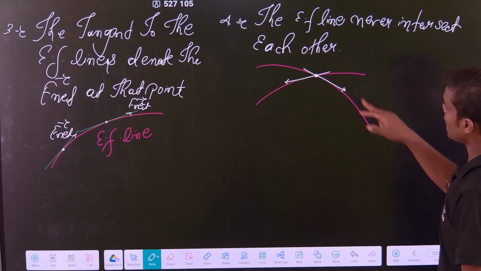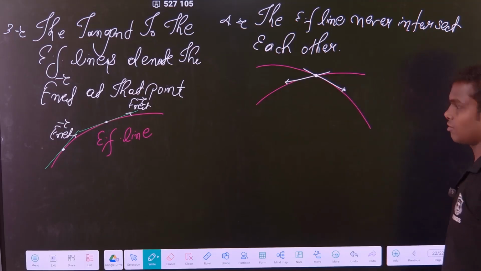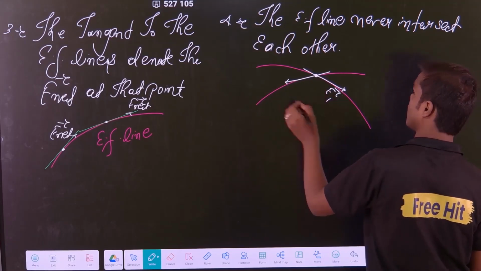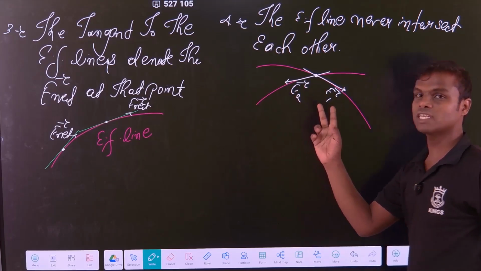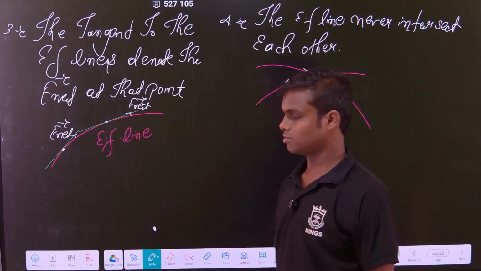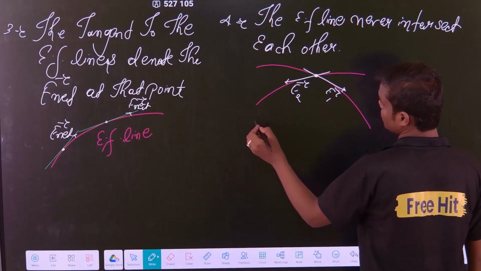So you can see at one point the electric field has two directions, correct or not? Here, this is my E1 and this is my E2. So at a single point, how can two directions be possible? Is it possible? It is not possible.